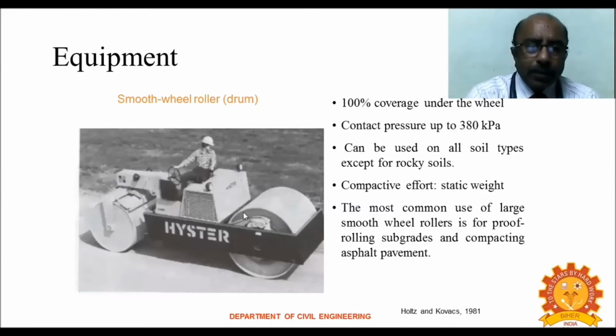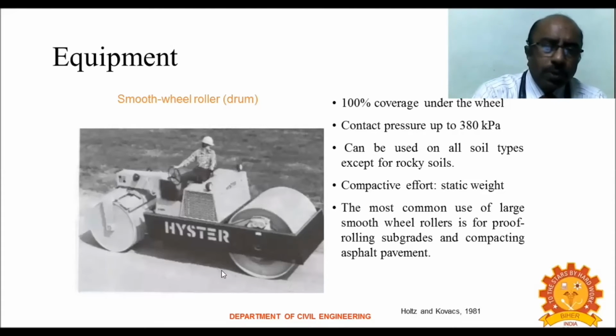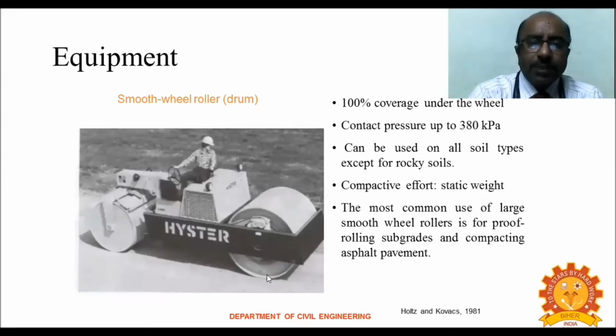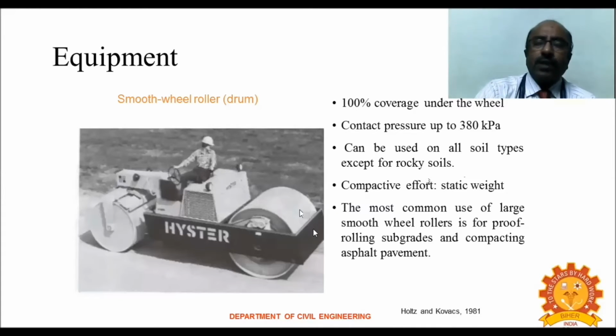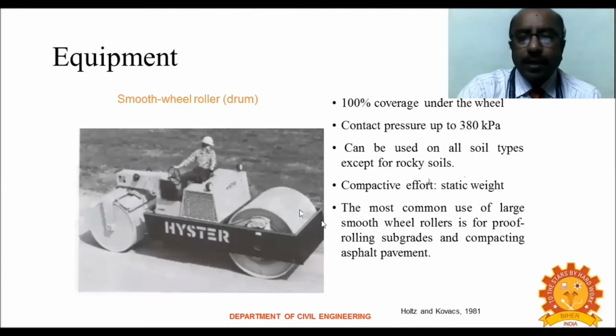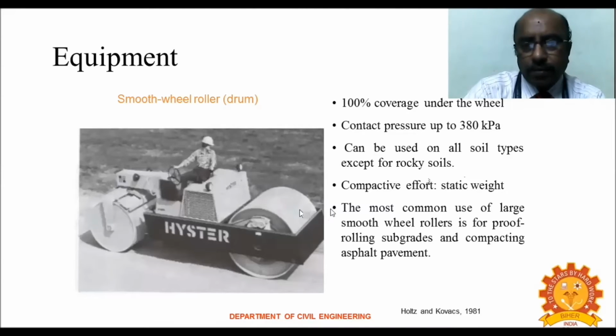This is a big steel drum which is rolled over the soil, and in this method we have 100% coverage, that is, the contact area between the soil and the wheel is 100%, and the contact pressure can be up to 380 kilopascal. This method can be used on all surface soils, that is cohesive as well as coarse-grained, but for rocky soils, it cannot.